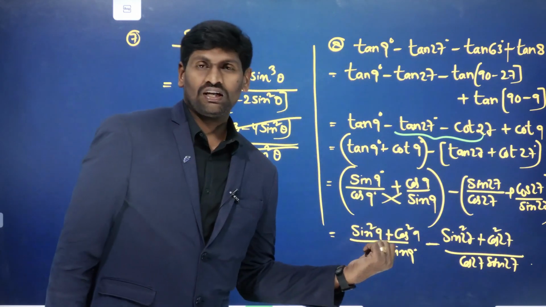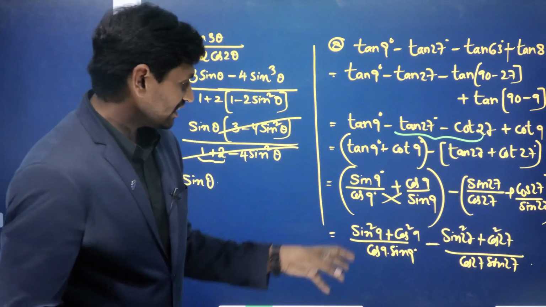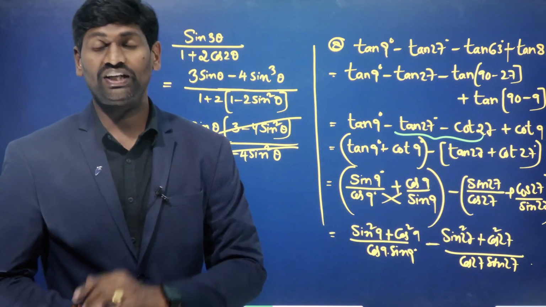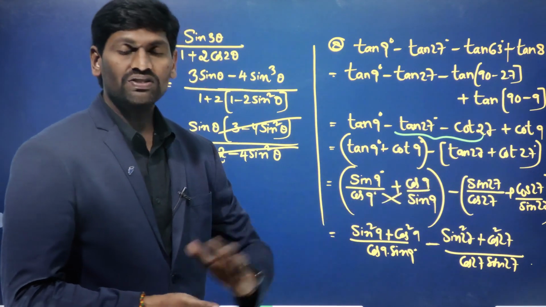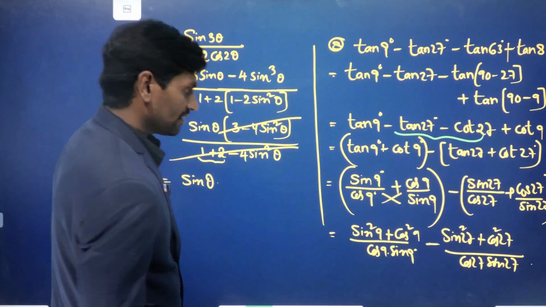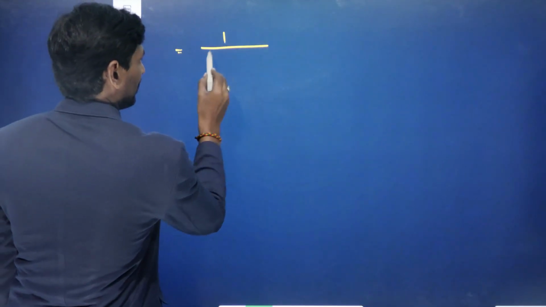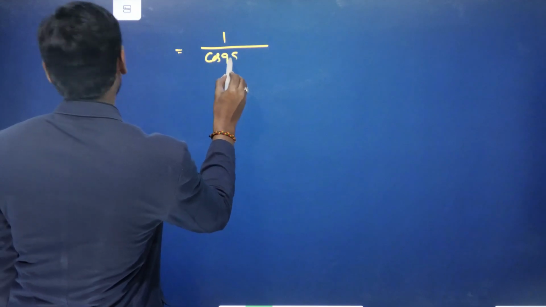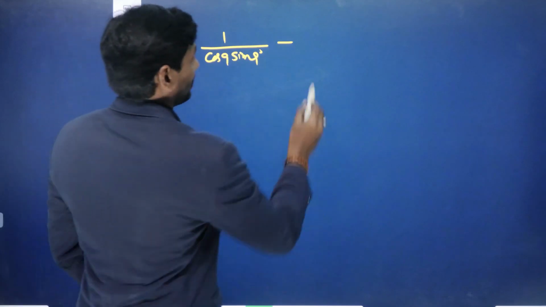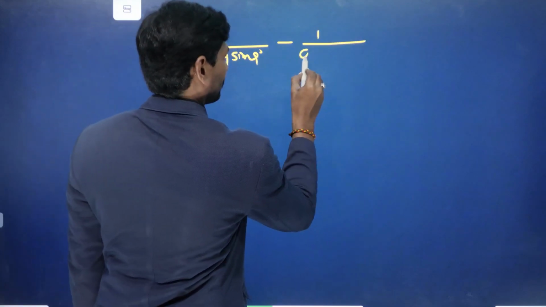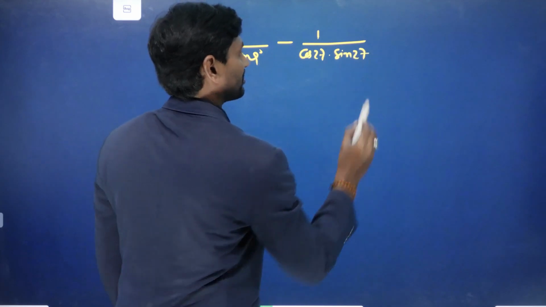Now, while you are observing both numerators, it clearly looks like the trigonometric identity sin square theta plus cos square theta, whose value is 1. So both numerators become 1, and the denominators are cos 9 degrees into sin 9 degrees, minus 1 over cos 27 degrees into sin 27 degrees.